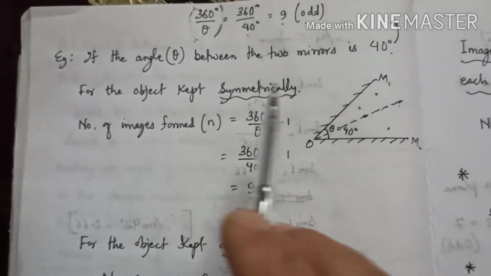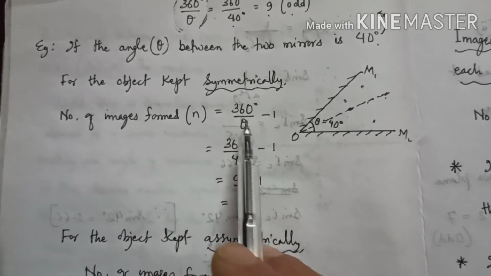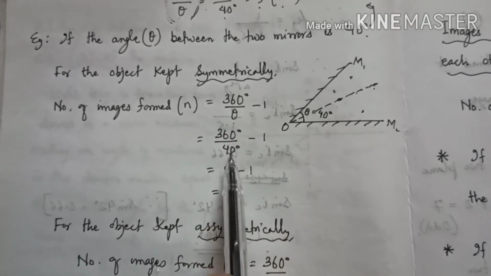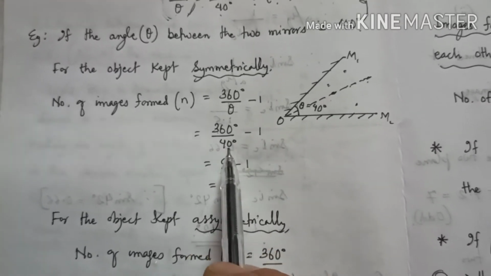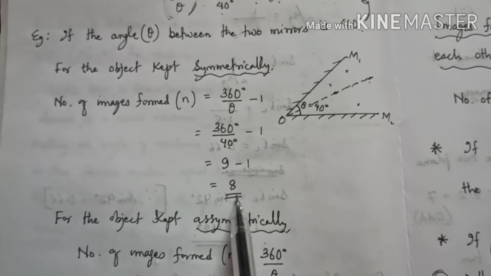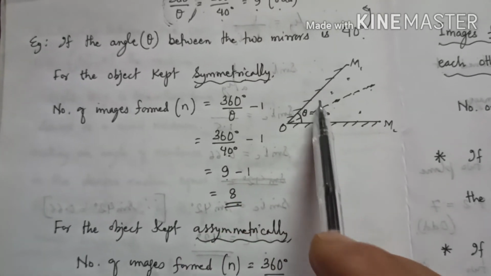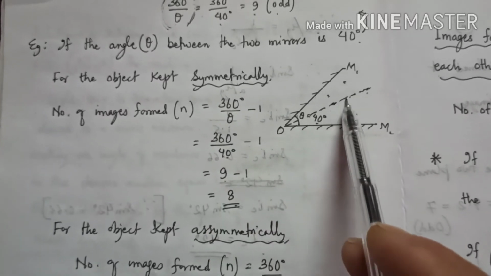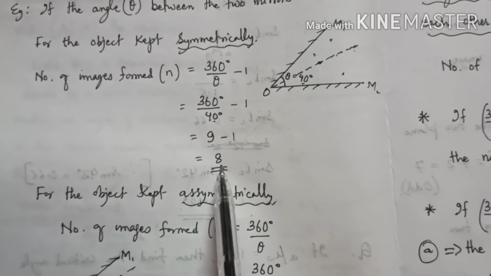So when the object is kept symmetrically, then the number of images formed, the formula is 360 by theta minus 1. So here theta is 40 degree. So 360 by 40 you get 9, 9 minus 1 is 8. So if the angle between the two plane mirrors is 40 degree and the object is kept symmetrically, then in that case 8 images are formed.